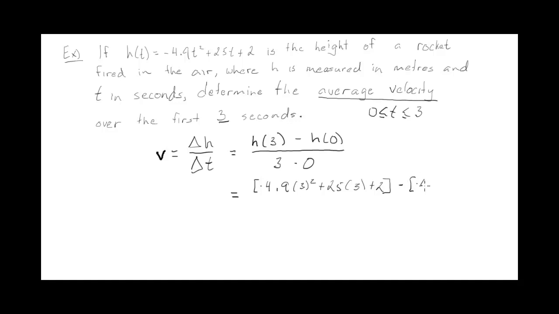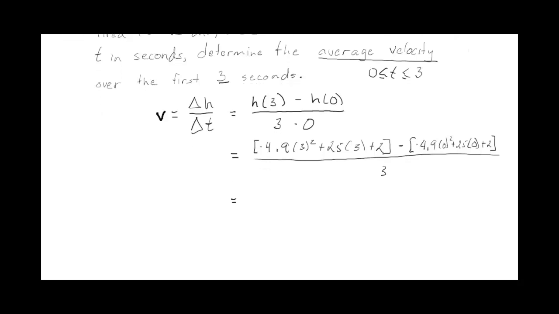So it's minus 4.9 times 0 squared plus 25 times 0 plus 2, all over 3 minus 0, which is just 3. So you're going to work out what these are. It's a big calculation. Just put it in your calculator and work it out.